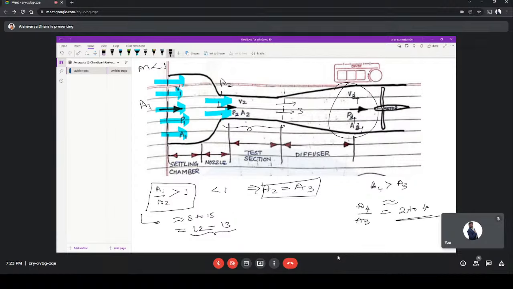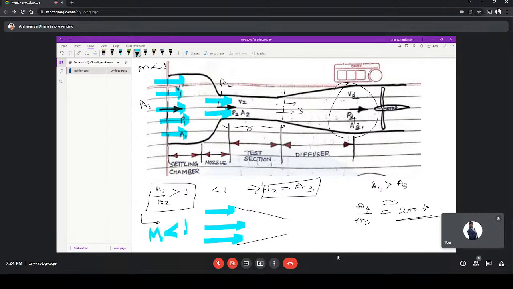So let's have a look at section 1 and 2. That means we can say it is a convergent type. It is a convergent type. And if in any section we have a converging type, and the flow enters with Mach less than 1, right?